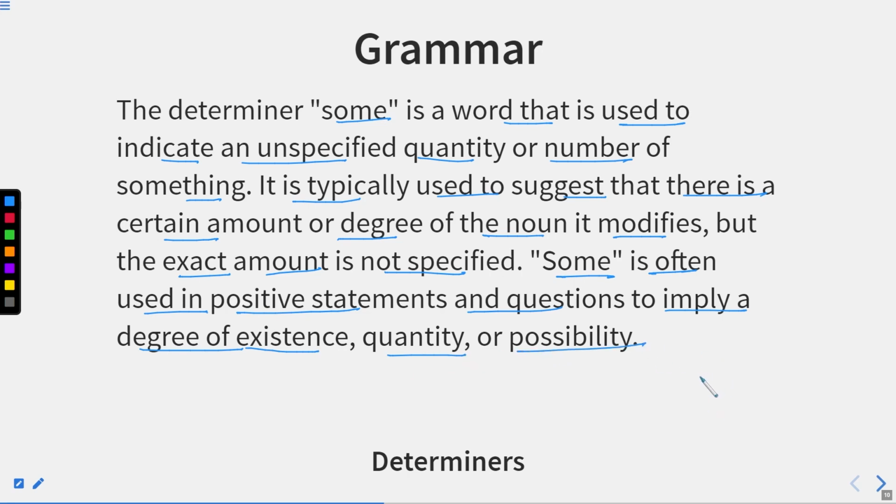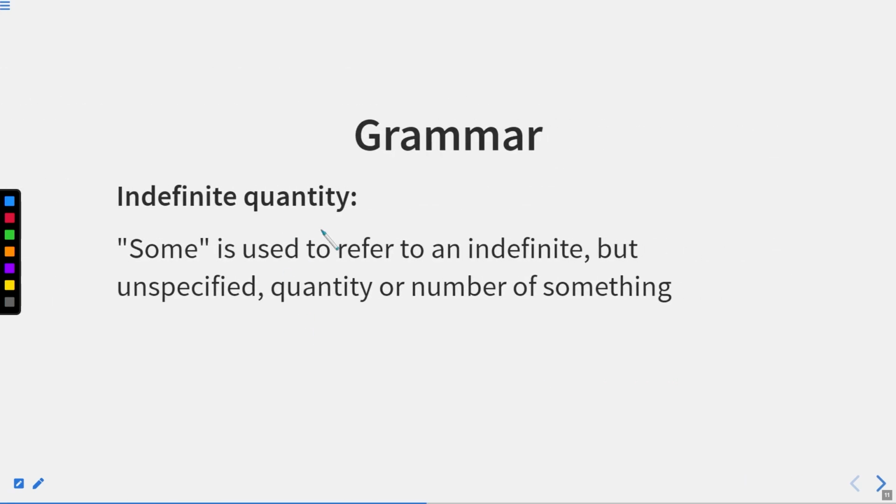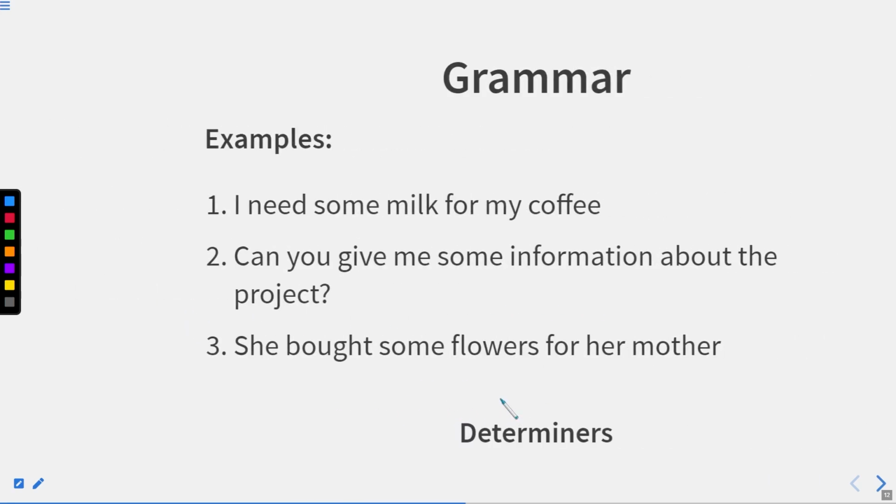So, determiner some is a word that is used to indicate an unspecified quantity. Used in positive statements and questions, imply a degree of existence, quantity, or possibility. Now, if it is used to show indefinite quantity, some is used to refer to an indefinite but unspecified quantity or number of something. How?